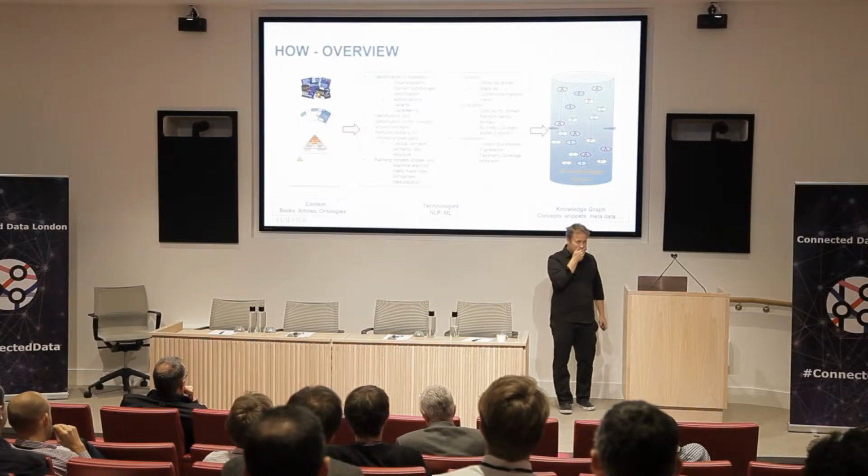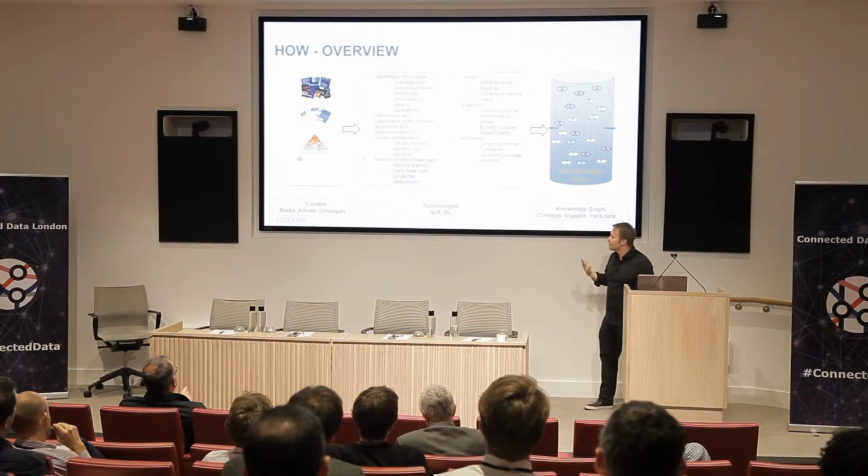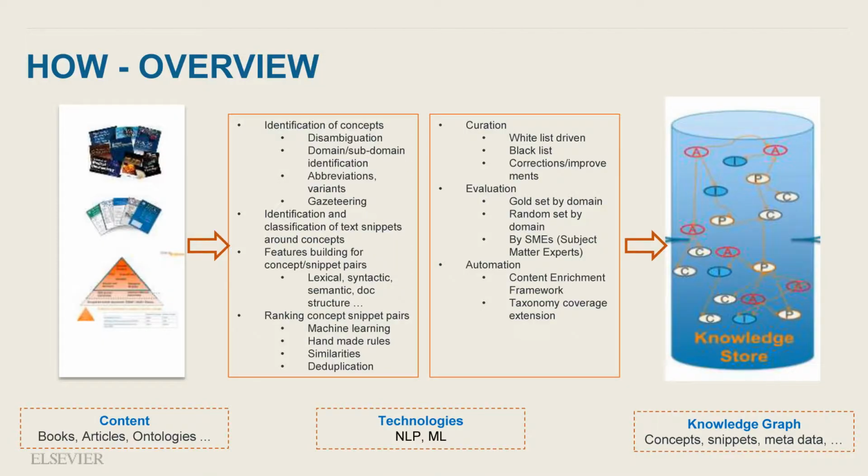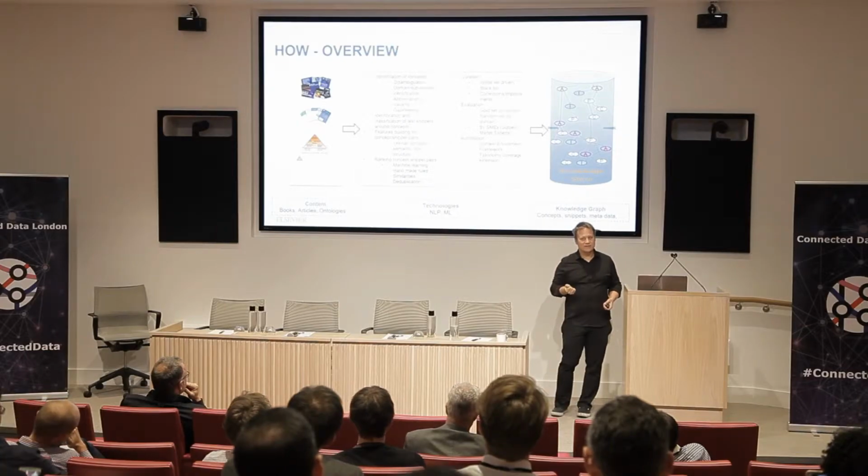I won't go through everything in this slide, but we try to disambiguate concepts. We try to find these definitions automatically, and I'll talk a little more about that. Then we need to rank those definitions.